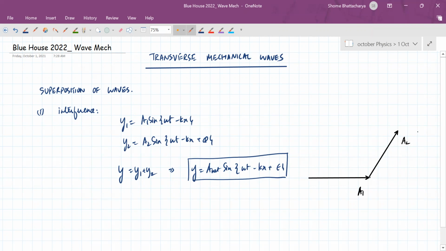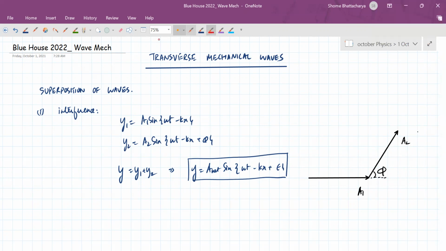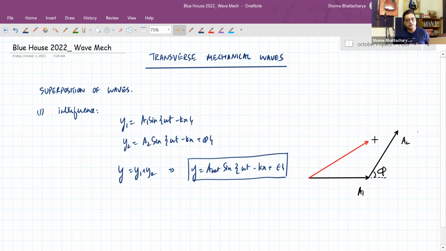Yes. We can represent it by any symbol, alpha, beta, epsilon. I have chosen epsilon. Okay, so let me go over here. The important thing is the value of this phase angle here, and the value of the net amplitude is this.